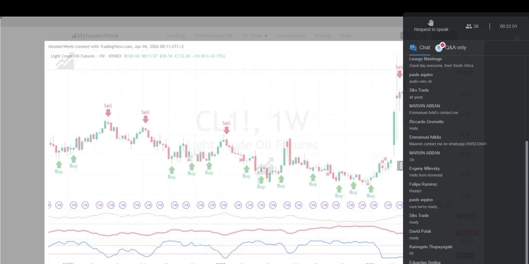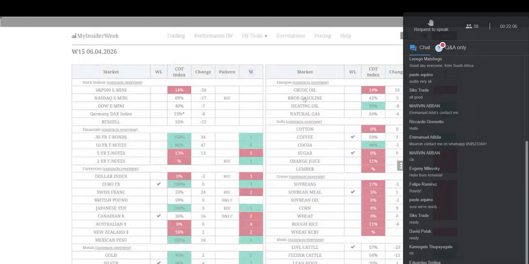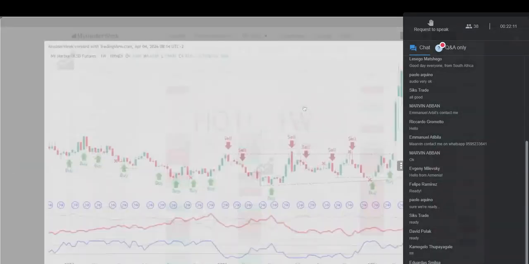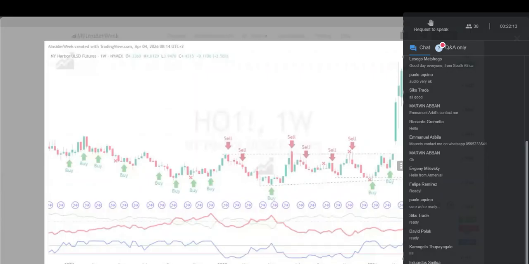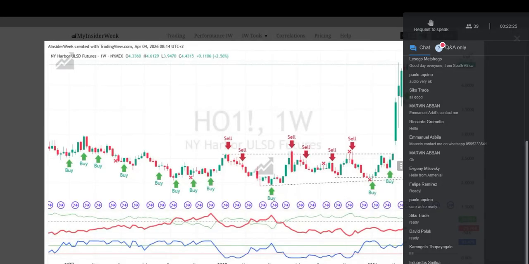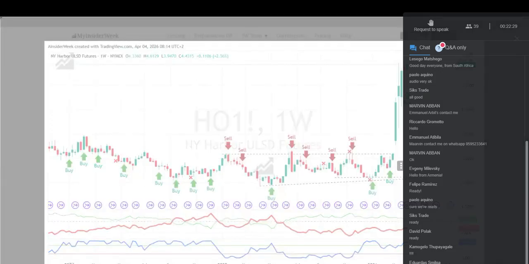Which market I want to show you now. So market, what I mean is, for example, gasoline or heating oil, especially heating oil. This market has stronger up move than crude oil. And let's have a look at the signal quality. Here you can see the signal quality was much better. We got here a buy signal a week before the conflict started.